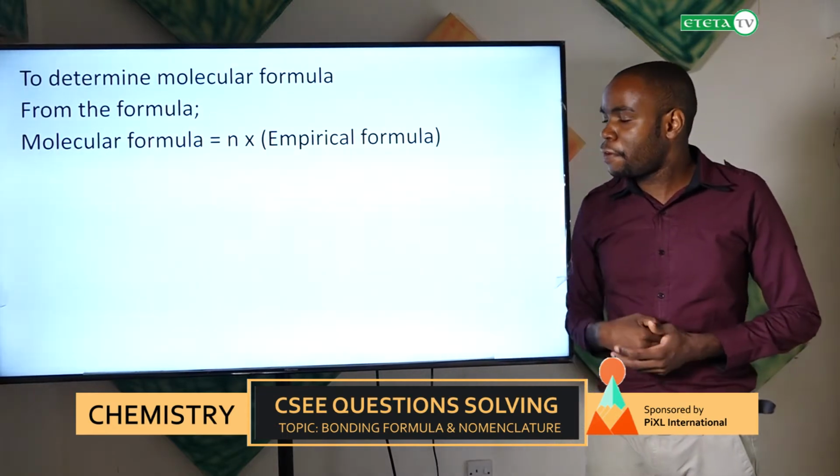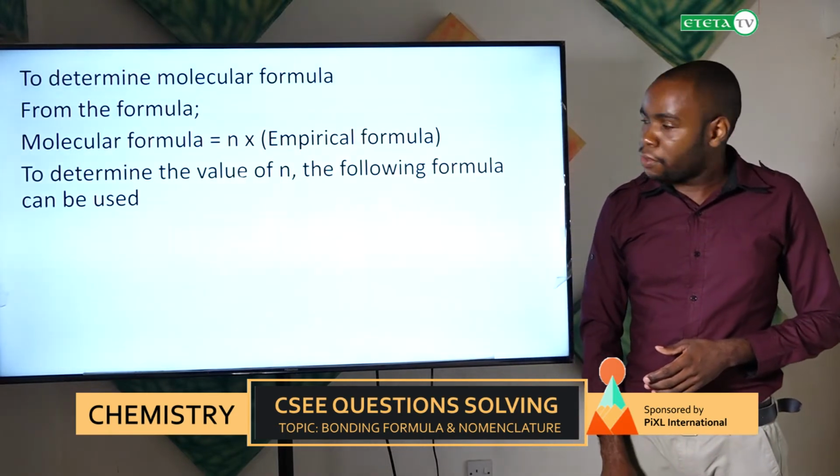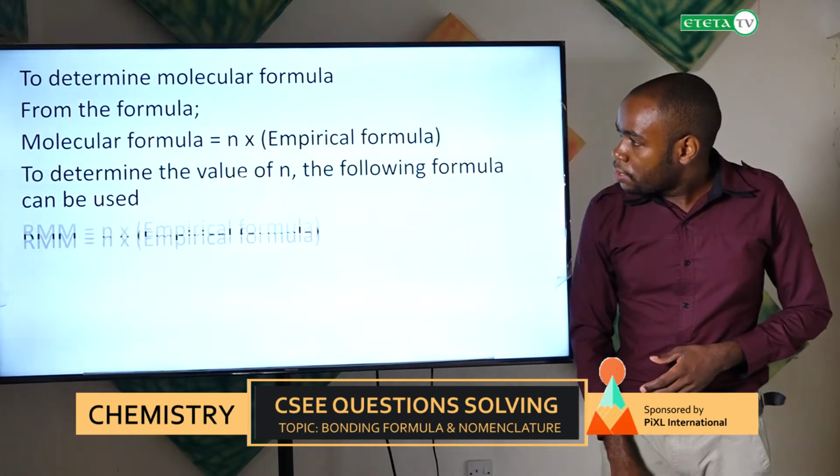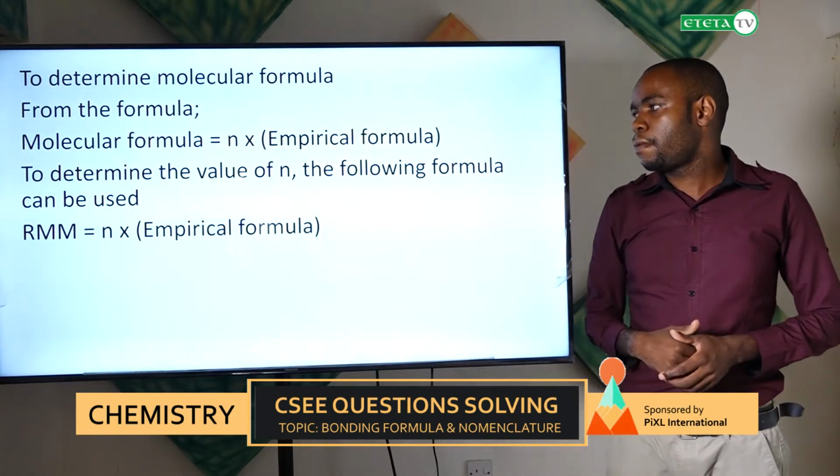How could you find the value of n? The value of n can be determined by using the following formula: the relative molecular mass is equal to n times the empirical formula mass.